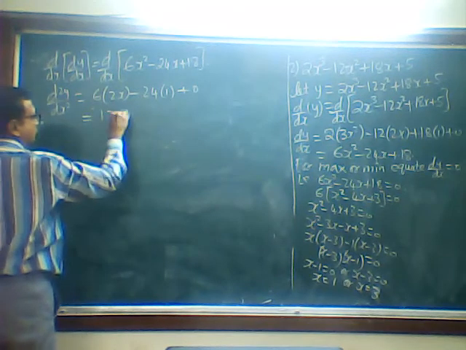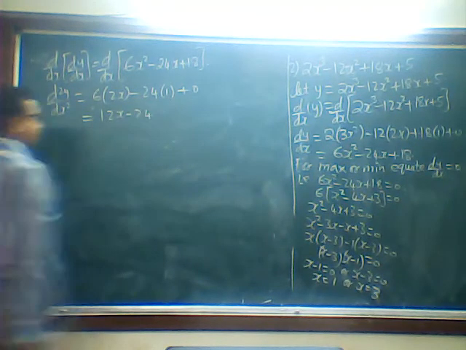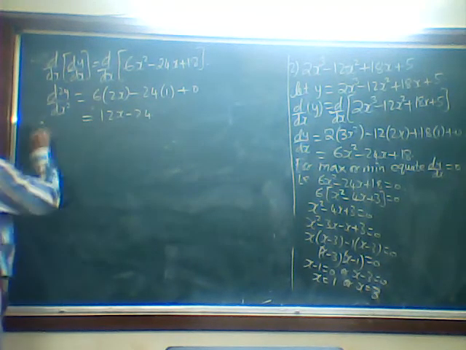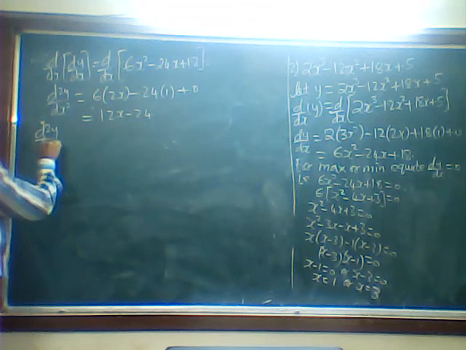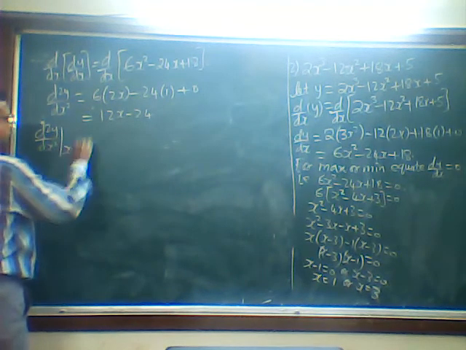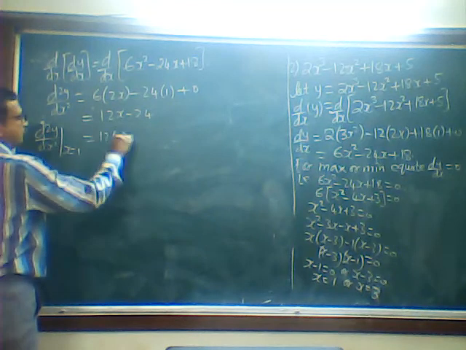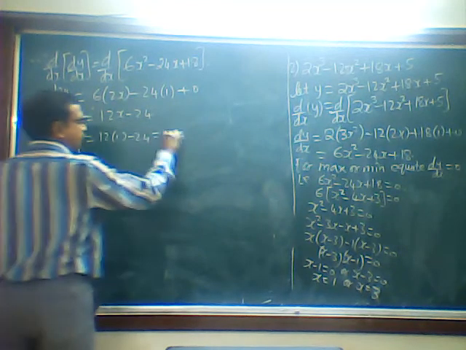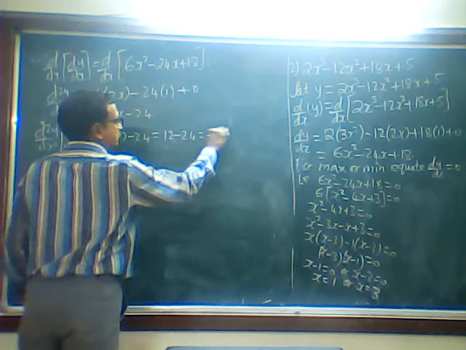So 12x minus 24. Now we'll find out one by one. d square y by dx square at x is equal to 1: 12 into 1 minus 24, that is 12 minus 24, which is minus 12.